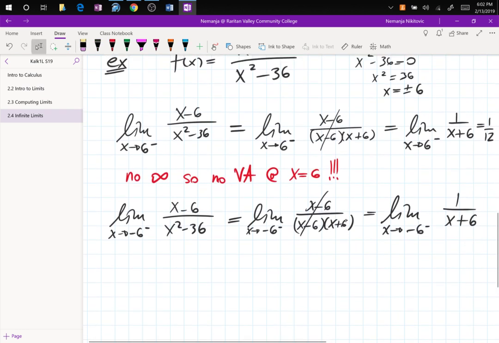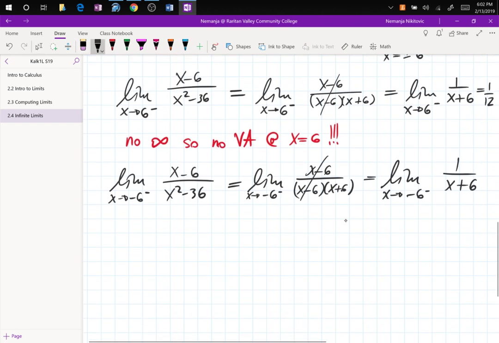Okay. What now? Well, luckily you can graph this and solve. Because if you plug in negative 6, you get 1 divided by 0. So 1 divided by 0 is not something that we would calculate a limit with. So we just look at the graph. You sketch the graph quickly. You know that x plus 6 is going to give you a vertical asymptote at negative 6.